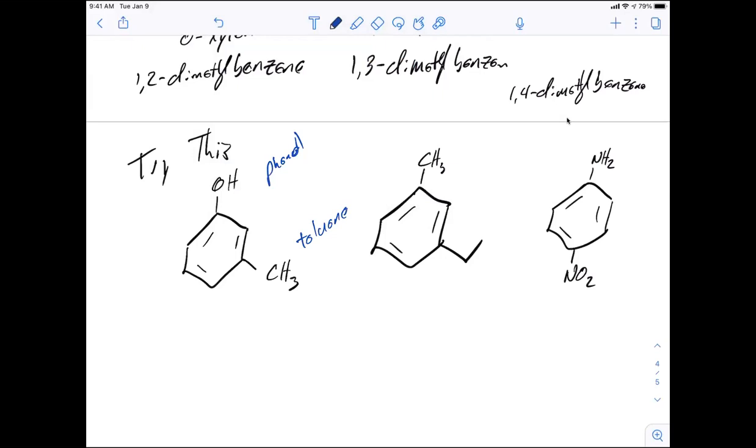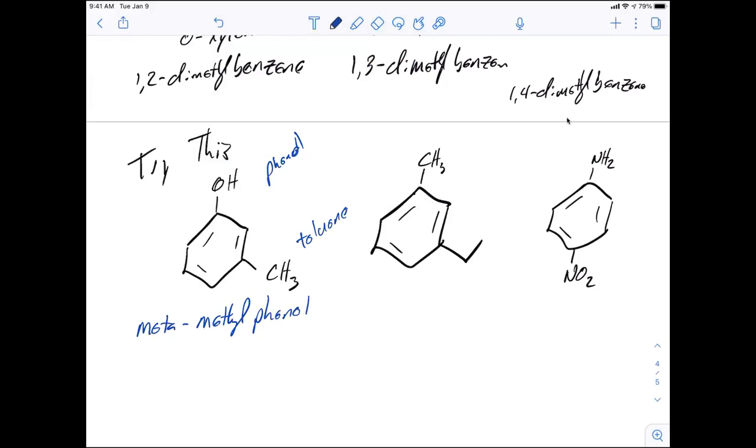Phenol or toluene? Turns out phenol. You look at the oxidation state of your side group, so phenol would be our preference here. So this would be named as a meta-methylphenol.